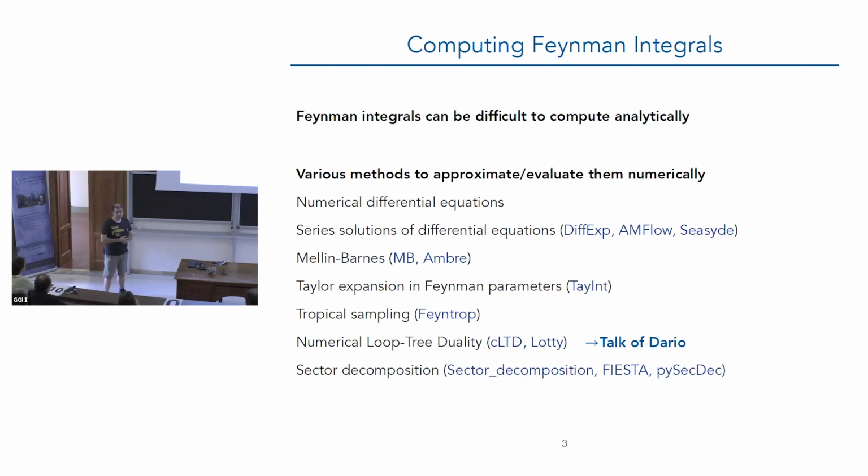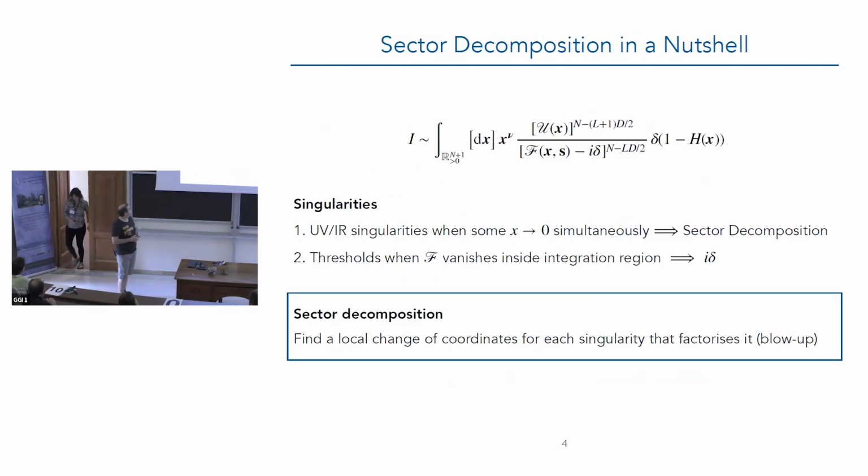Numerical loop-tree duality, and we'll hear from one of the collaborations working on this tomorrow in the talk of Dario. And then, of course, sector decomposition. Many authors have worked on these packages and on the ideas behind them, but I just list the public packages here to give you an idea of the amount of work and the scale and the different approaches.